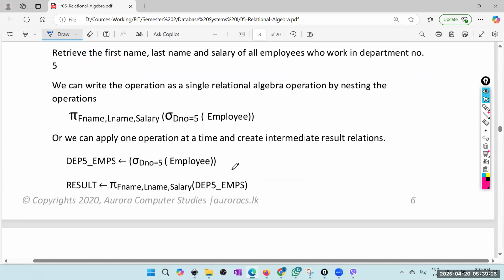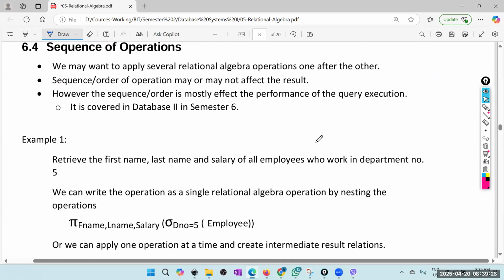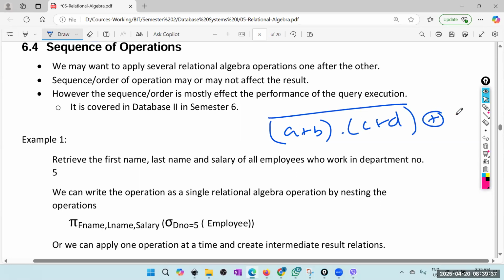Now we can combine. Just like we write A plus B dot C plus D, maybe bar, then XOR E or something like that, we can now combine. But this time, for combination, what we have is union, intersection, set difference.